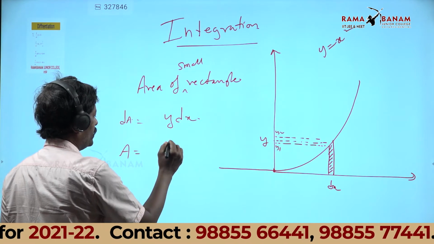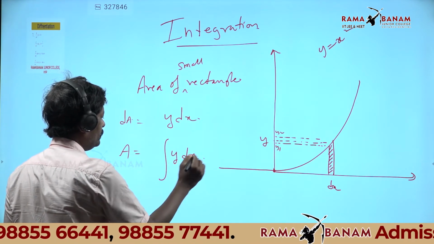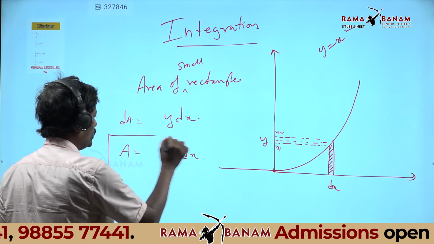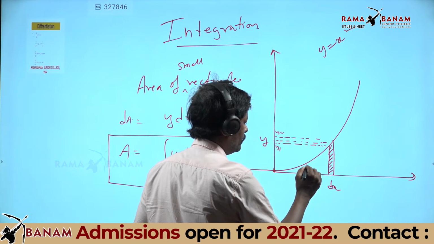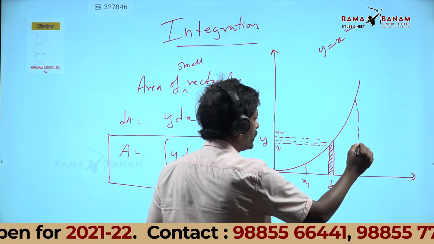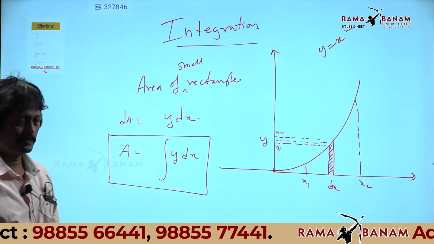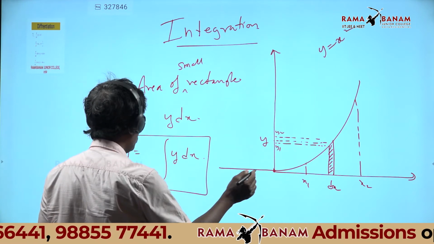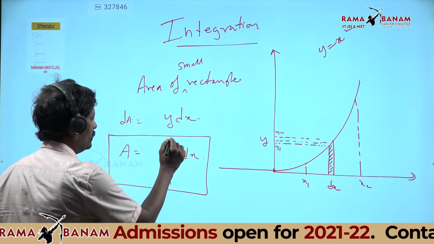If you want the total area, it is the integral of y dx. This is called the total area from x1 to x2. That means if I want it from x1 to x2, I have to put the limits x1, x2.